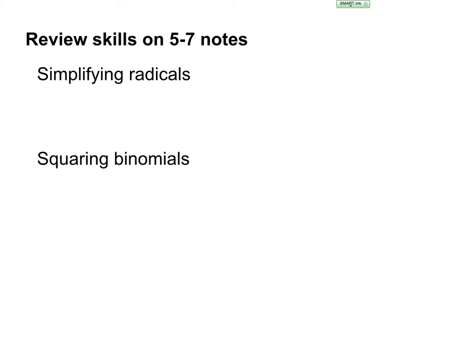When you find a pair of factors, does that stay in or come out? That comes out because you're simplifying.